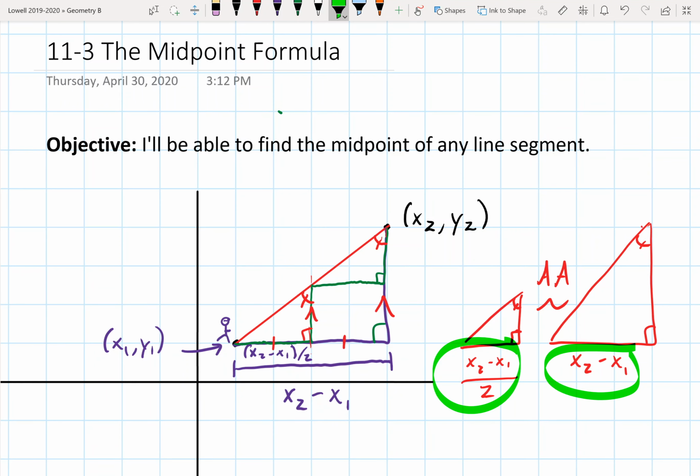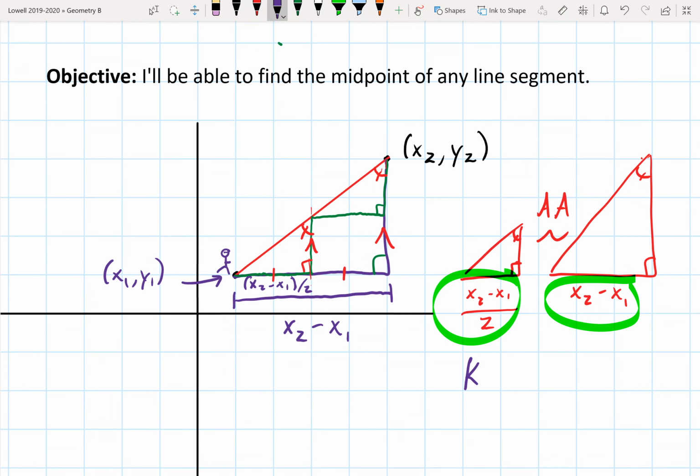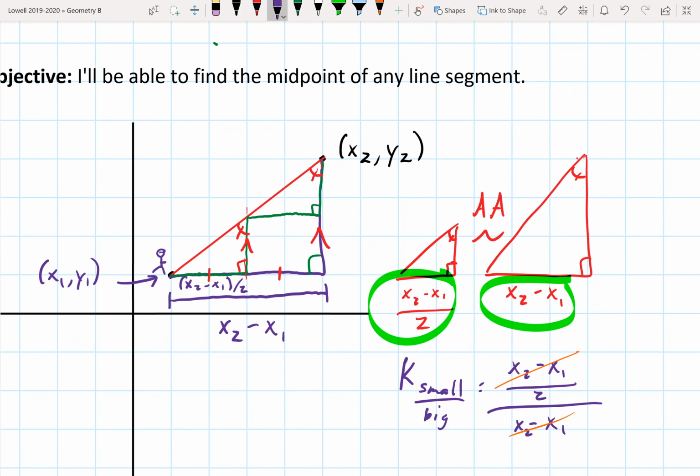The scale factor would be k, the small one over the big one: x2 minus x1 over 2, divided by x2 minus x1. I could divide top and bottom by x2 minus x1, and so my scale factor is actually just 1/2.